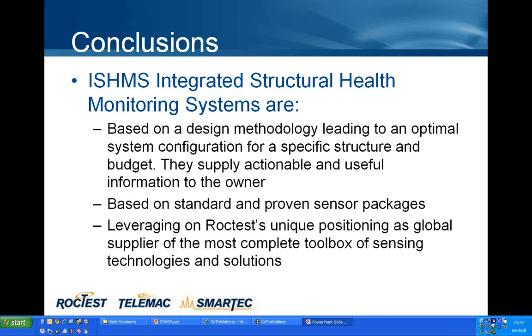I think that having now formalized those procedures, it makes it easier also to communicate between SMARTEC, our local partners, distributors, integrators, and the end customer, and makes the process of designing and communicating the usefulness of a monitoring system easier for all partners.